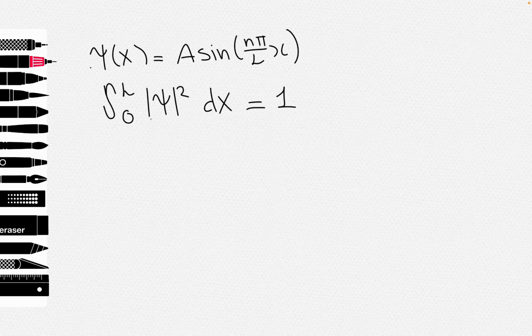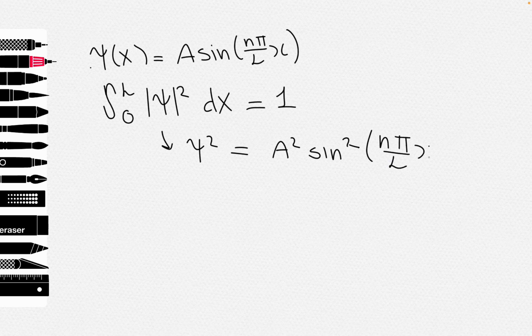Okay, and this is simply phi squared, which is this, a squared sine squared over this.